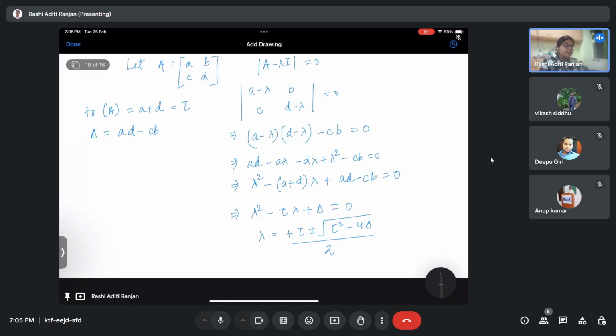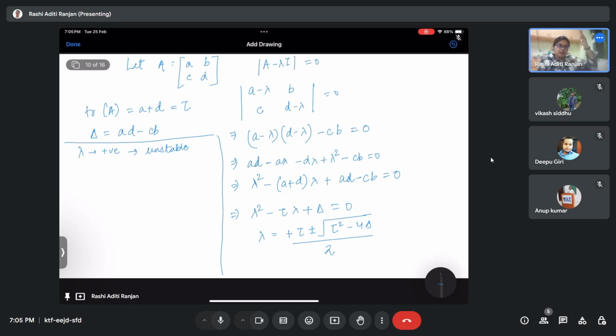Now, depending upon the trace and the determinant, I am going to get my value of lambda. Let me take a few seconds to explain that if lambda is positive, my solution is unstable. You know why? Because we have e to the power lambda t, and as t increases, it will increase exponentially.